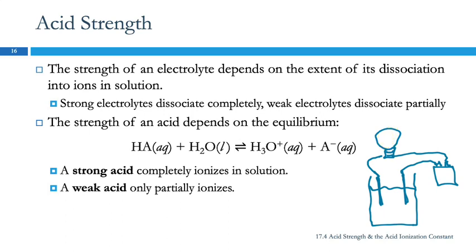If we have a weak acid, the light bulb will light up a little bit, but the light is weak because there's not very many ions to carry the electricity. So that might help you remember the difference between a strong acid and a weak acid. Strong acid comes completely apart into ions. Weak acids just make a few ions.